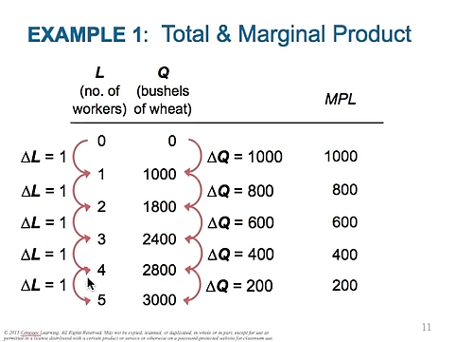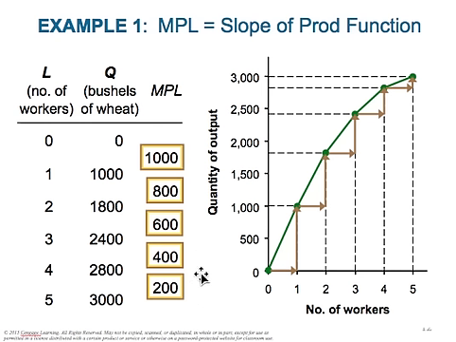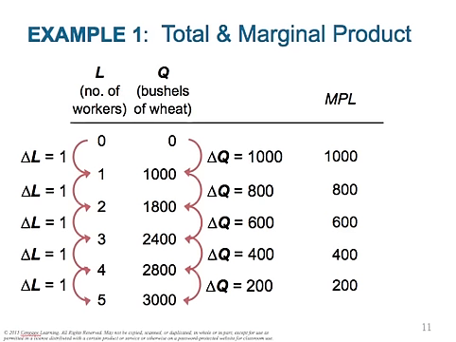You're going from 3 to 4, 4 to 5, and so on. Then this is the change in quantity, going from 0 to 1,000 bushels, 1,000 to 1,800, to 2,400, all the way up to 3,000 bushels. So the change in quantity goes up 1,000, goes up 800, goes up 600, goes up 400, goes up 200.